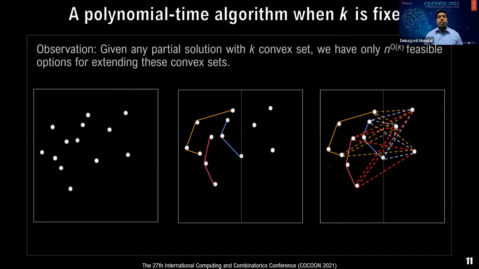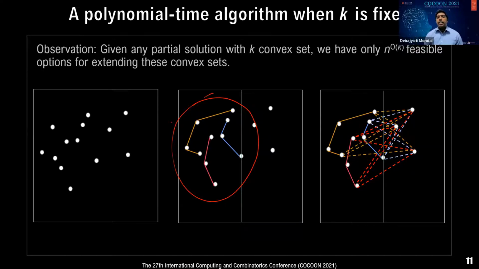If you process your points from left to right and assume that on the left you have a partial solution with k convex sets, assume that k equals 3, and in this case we have 3 convex sets here. And now we want to see how we can extend these convex point sets that we already have on the left to include some points on the right.